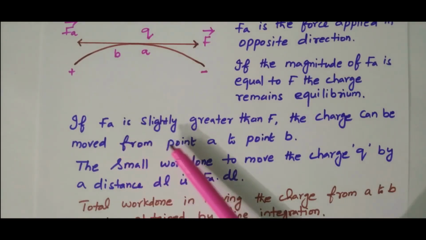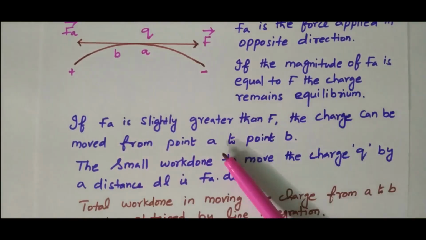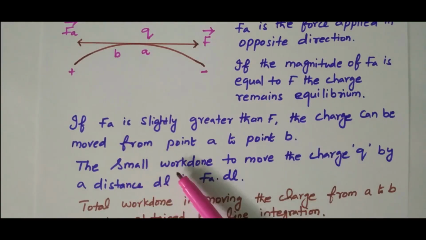If Fa is slightly greater, then the charge will move from A to B. So the small work done by moving the charge is nothing but Fa dot dl. Very simple. We are applying the force Fa, the charge is moving from one place to another place. That is called dl. So Fa dot dl is nothing but the work done. Fa dot dl.